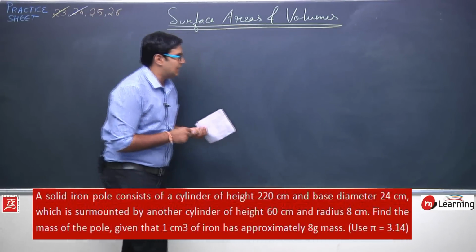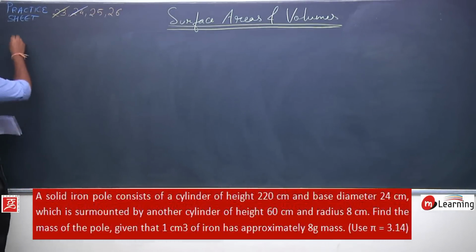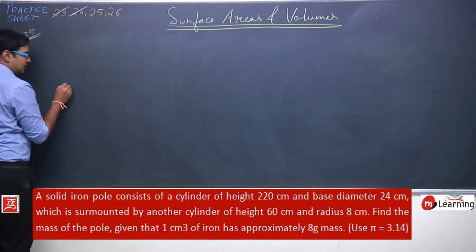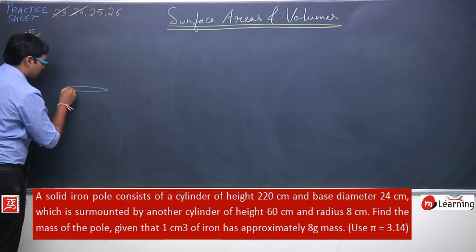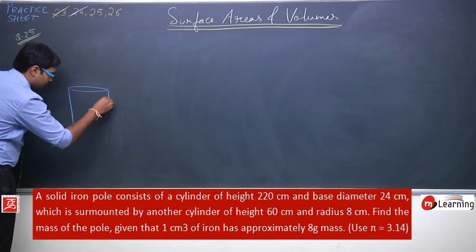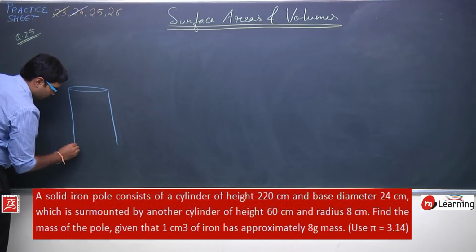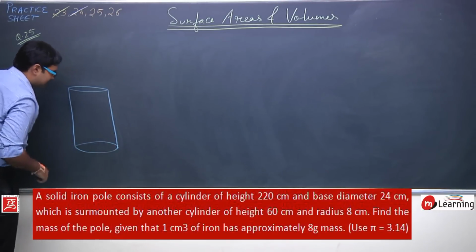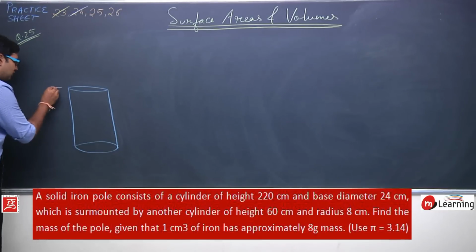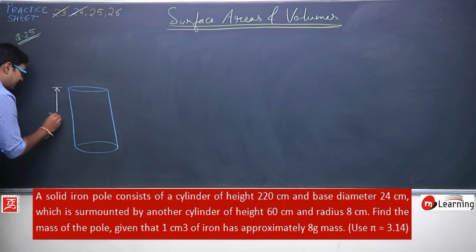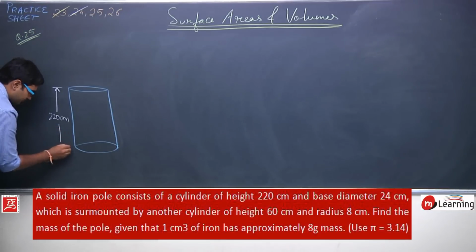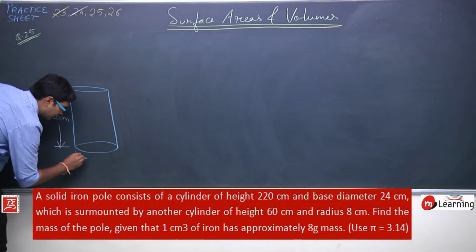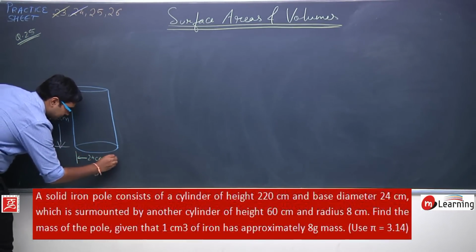Okay, so let us understand the basic concept. Question number 25 says that this is an iron pole. It has a height of 220 centimeters and a base diameter of 24 centimeters.